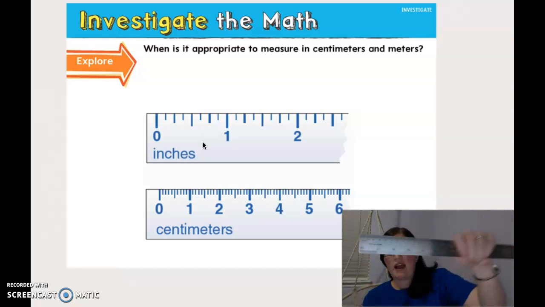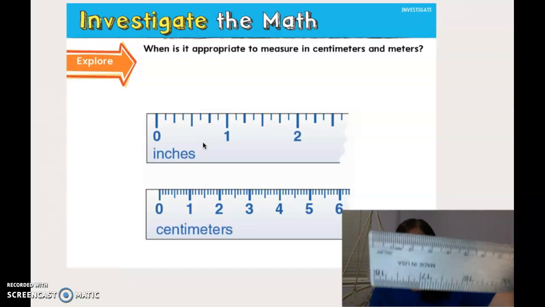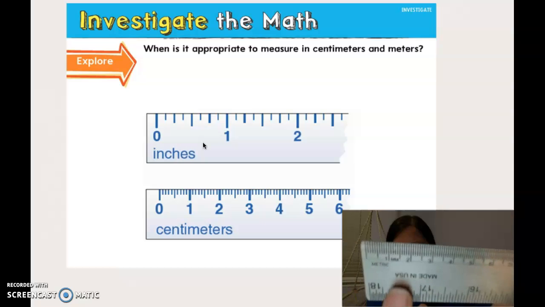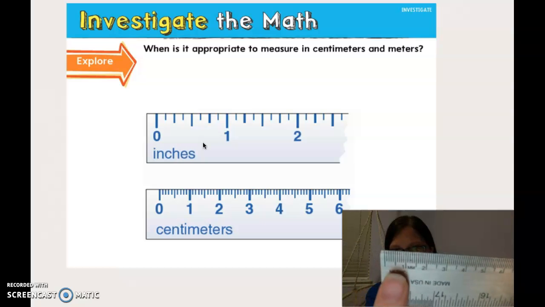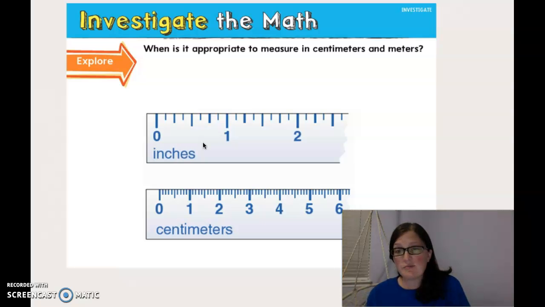So I'll show you. I found a different ruler. Hopefully this is a little easier to read. Not a lot. So here's my 1 centimeter. If I hold my finger up there, you can see it's a little bit longer, but it's about the same, okay? So I like to use parts of my hands to help me with that because I can visualize and I can see it right there.